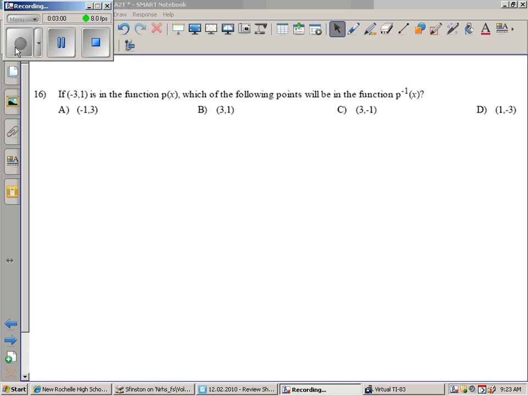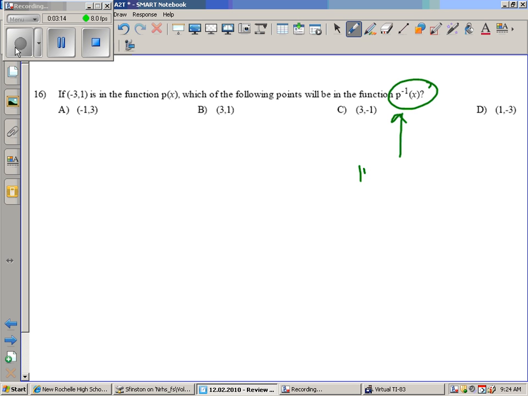An inverse question. If negative 3 comma 1 is in the function p of x, which of the following points would be in the function p inverse? Now what does this symbol up over here mean? Yeah, it means the inverse. What do you know about the inverse?